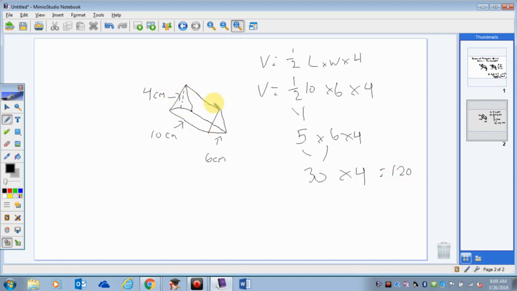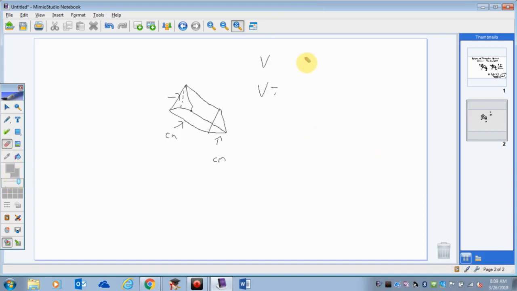So you should have been able to do this problem on your own. I forgot to tell you to pause, but hopefully you did. If you didn't, work it with me anyway. I'll give you one more and I'll tell you to pause it. Alright, so I'm just going to erase these dimensions here. Use the same drawing and use different numbers.